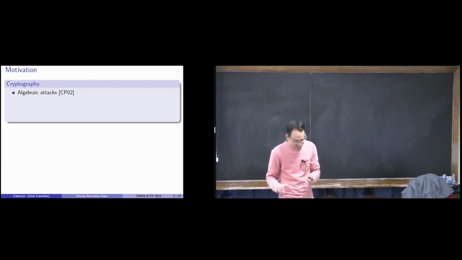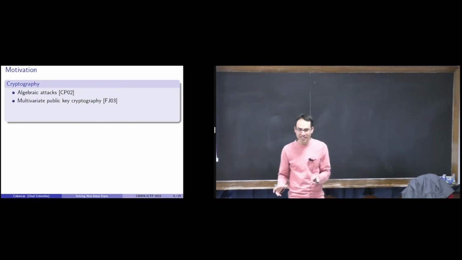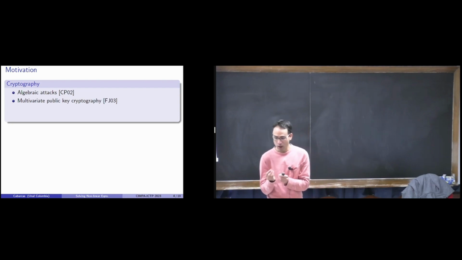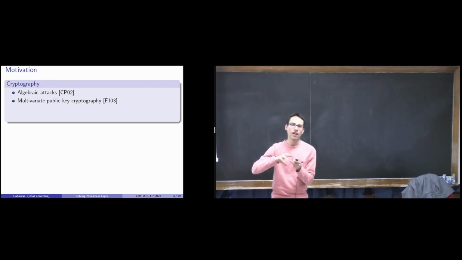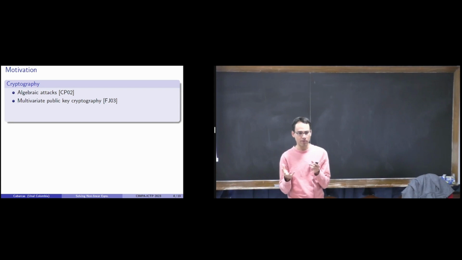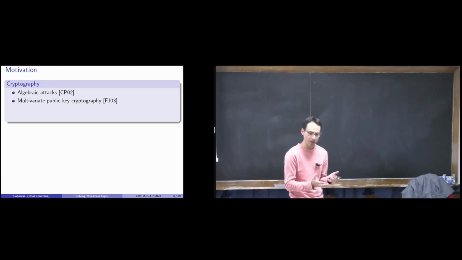So this did not happen, but two important things did happen. Many people started thinking about how to improve the algorithms to solve polynomial equations, and also on the side of public key cryptography, there was also emerging a different kind of crypto systems based on polynomial equations.